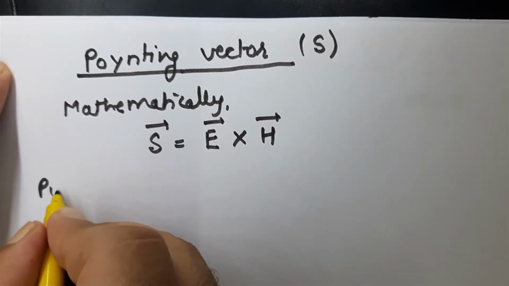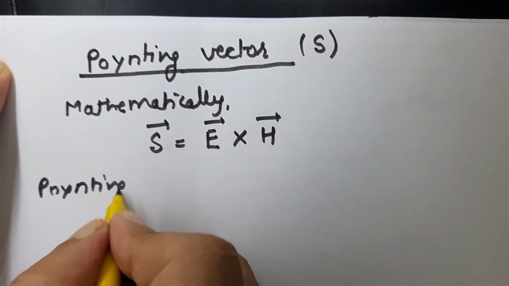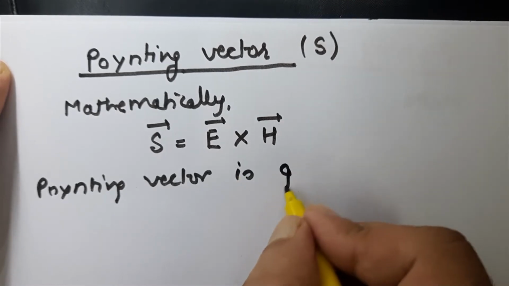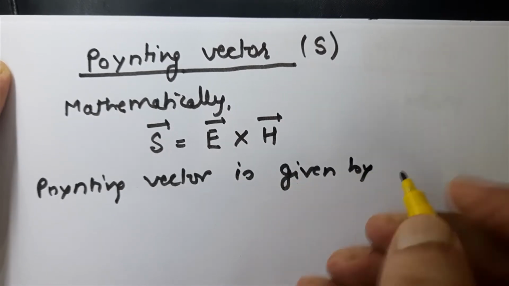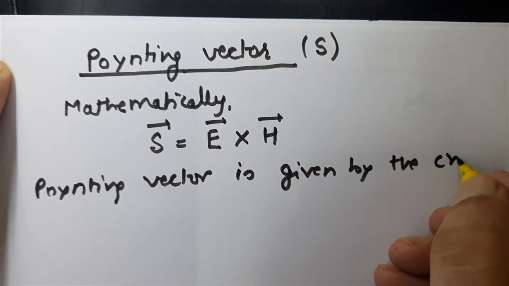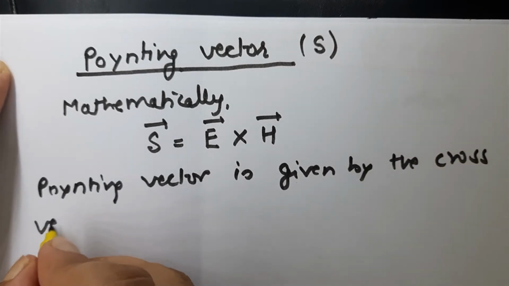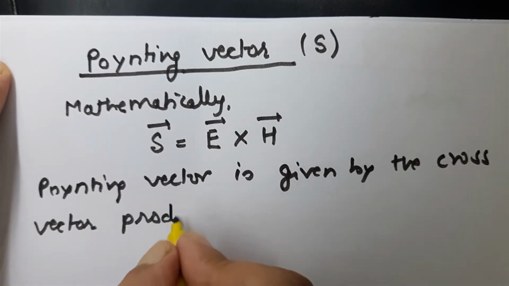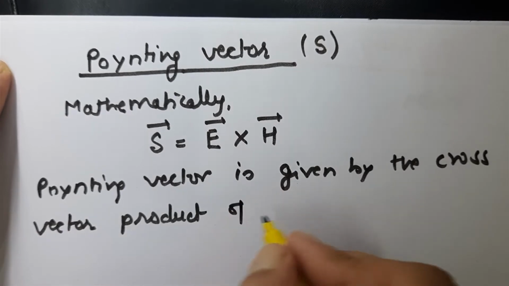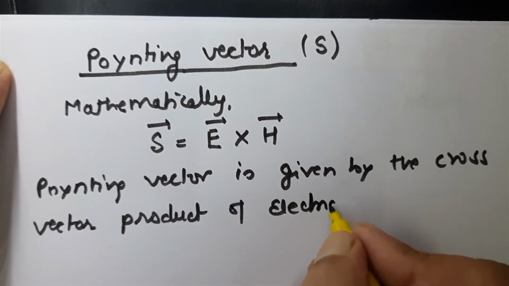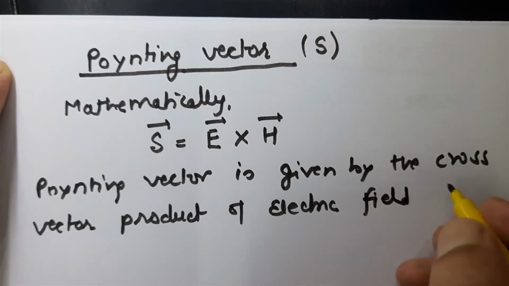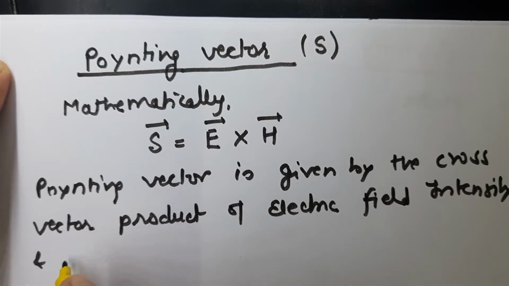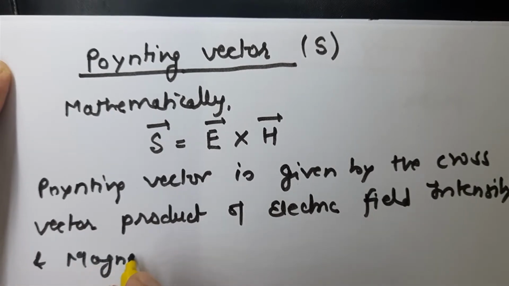So I will write it down that the Poynting vector is given by the cross product, the vector product, of electric field intensity and, H is also sometimes referred to as magnetizing force.